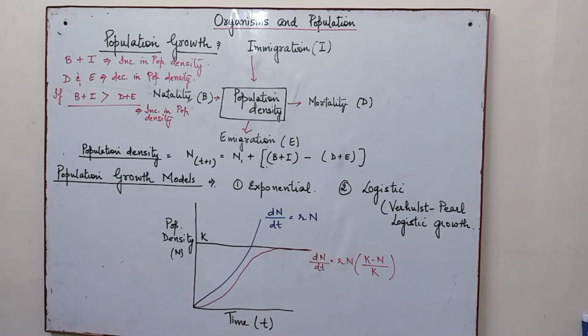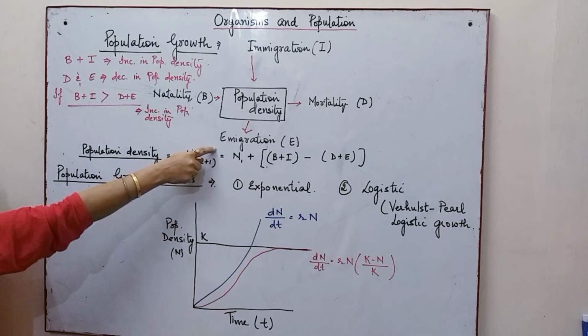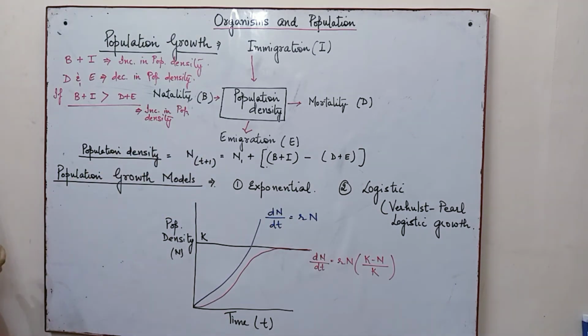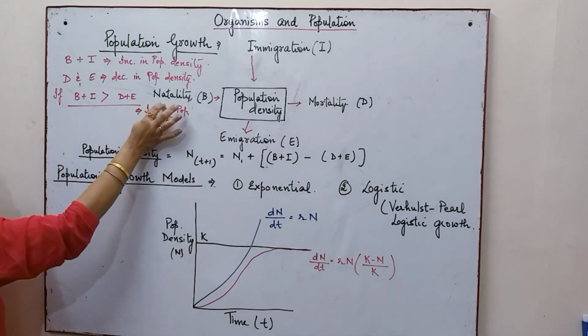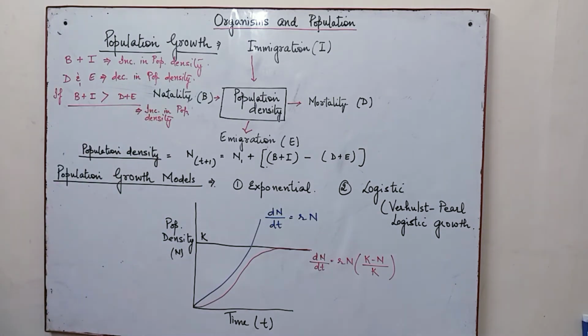So if you see over here, under the normal circumstances, with the availability of resources and the weather conditions, we find that the most important criteria, because the immigration and emigration are depending upon certain conditions, but the death and the birth are two major factors that play a major role in the population density.